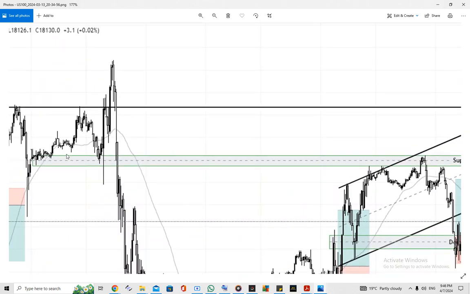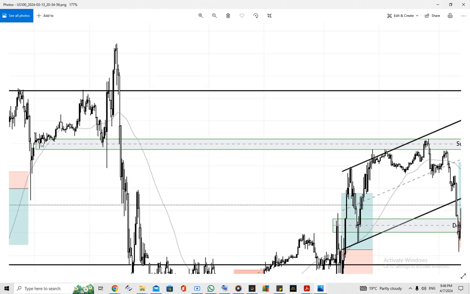This is another one. I don't know what day this was. So this is the opening price. As you can see, the price is accumulating. Then suddenly we have this push to the upside, but the move to the upside is followed by a move to the downside. Then we have this choppiness here.